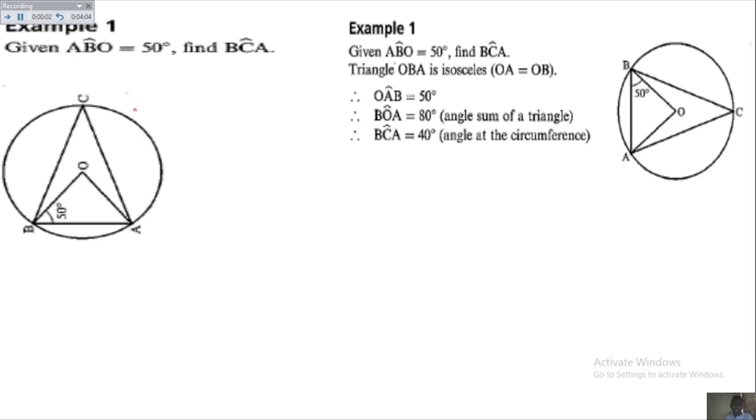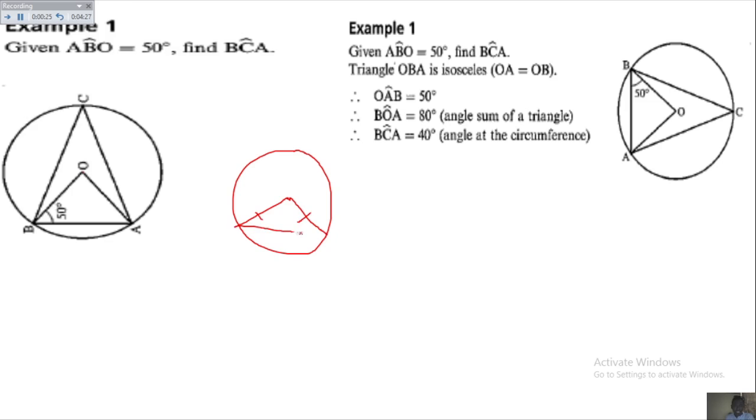Then look at this as well. This is a question. We have triangle ABO, and we are given angle AOB as 50. From the center to the circumference, if you have a circle and this is the center, then you move like this, automatically here and here are radii.